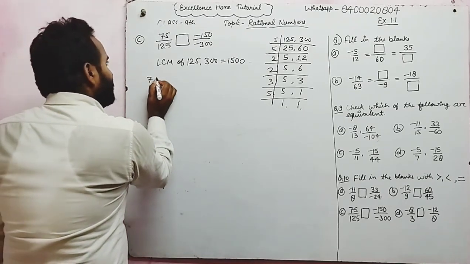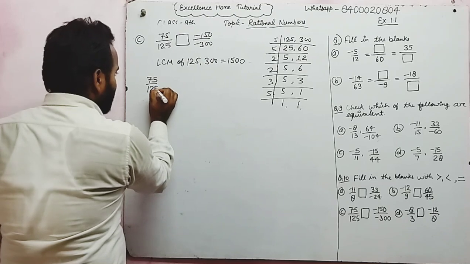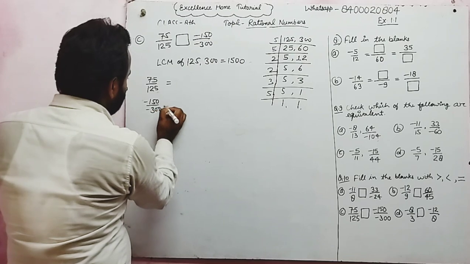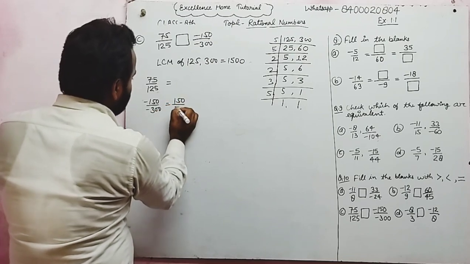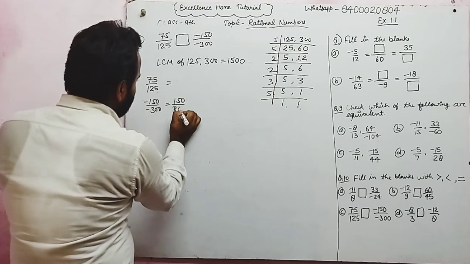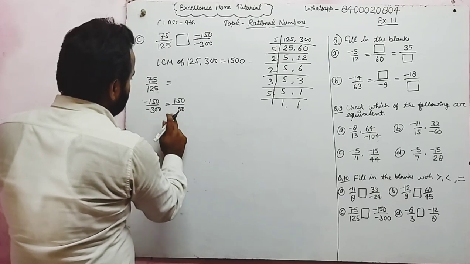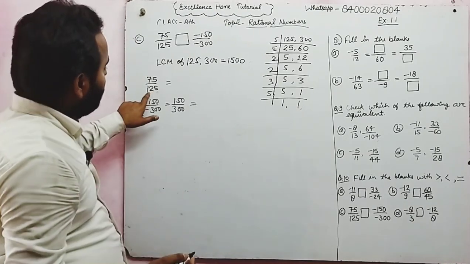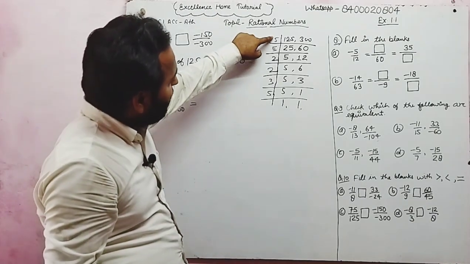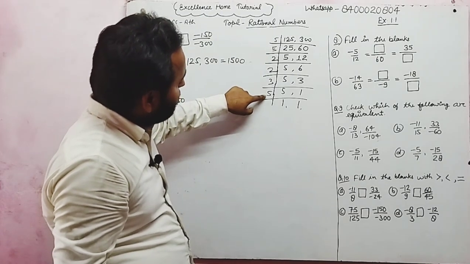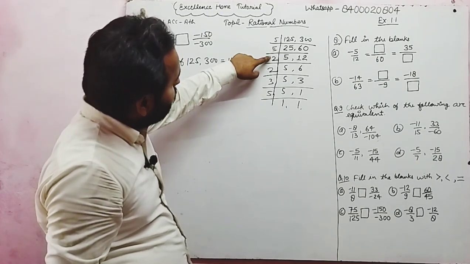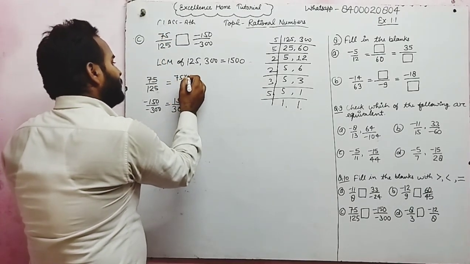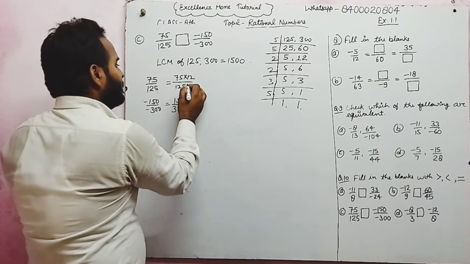Okay, 75 by 125 is equal to minus 150 upon minus 300, that is minus 150 upon 300. After that 125: 5 fives are 25, 5 times 25 is 125, so the remaining is 2 twos are 4, 3 fours are 12. So you have to multiply both numerator and denominator by 12.